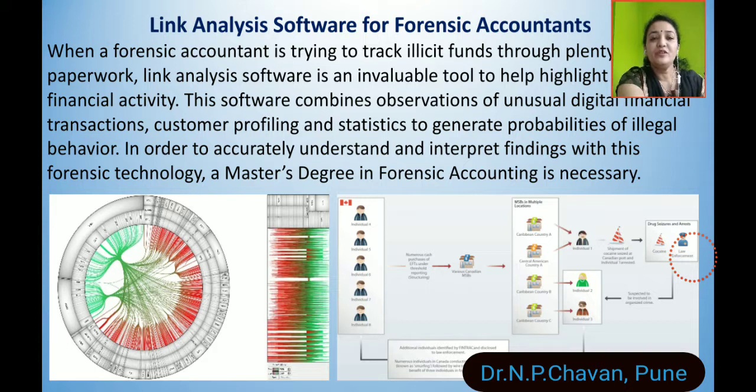Nowadays we are using online transactions and online financing, so this software helps to observe them, and if unusual financing has occurred digitally, it can be detected by this software. So this software combines the observation of unusual digital financial transactions, customer profiling, and statistics to generate possibilities of illegal behavior. In order to accurately understand and interpret the findings with this forensic technology, a master degree in forensic accounting is necessary.